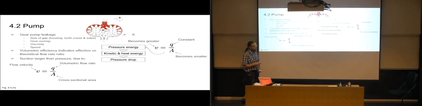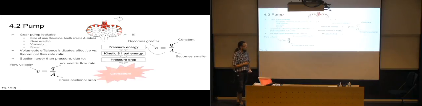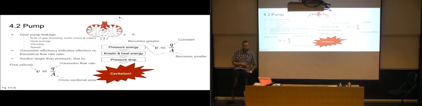Then we get a pressure drop, and if we're not careful, we end up with cavitation. So we have to be careful about the velocities we have here. And that's what we saw earlier with the cavitation in the first lecture also, that it was connected to the speed of the fluid. So the velocity of the fluid has something to say for it.